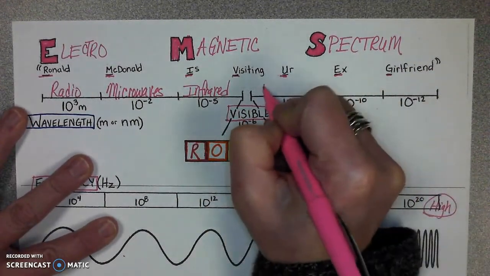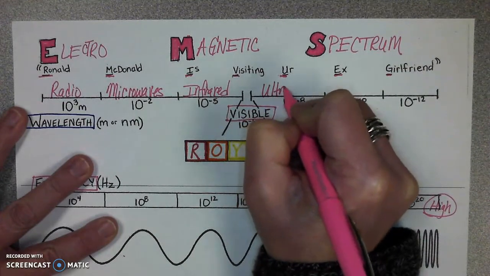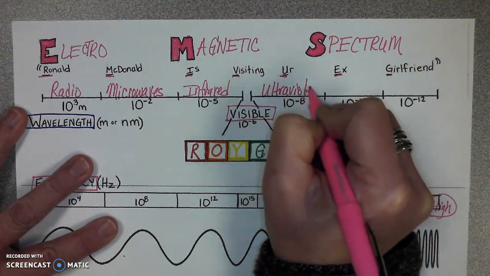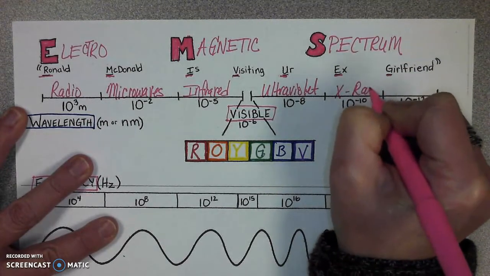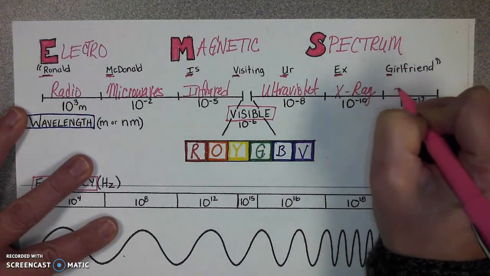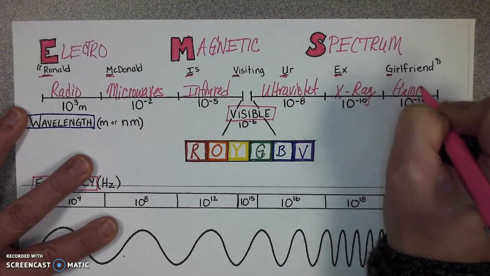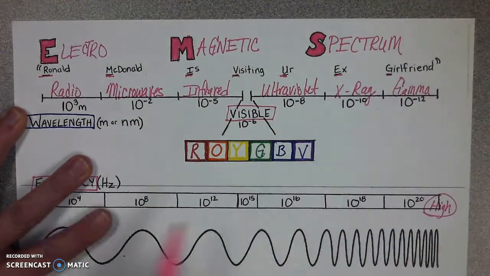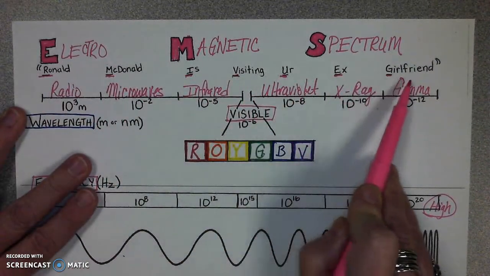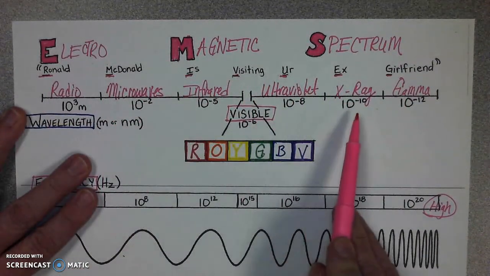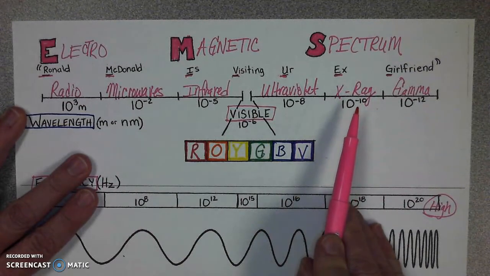And your meaning ultraviolet. X-ray, simple enough. And girlfriend for those gamma rays. Okay, so definitely want to make sure you remember your order. Ronald McDonald is visiting your ex-girlfriend. This is just going to give you a good guide to remembering.